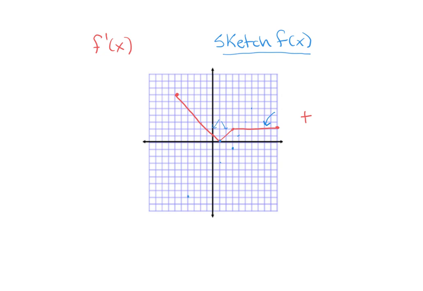So it has to be increasing the whole time. At some point it would have to be 0. And then at this x value here, we all of a sudden have a line with slope 2 because that's a constant at 2. So up 2 over 1, up 2 over 1. So there is our sketch.